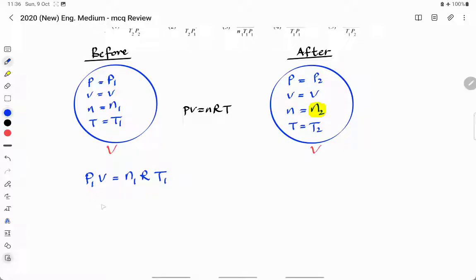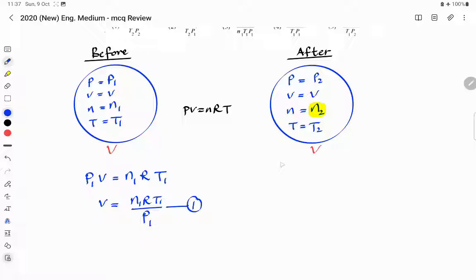Since they haven't given the volume as data, that's what we have introduced into the system, therefore we have to isolate that. So we can eliminate this volume term from the equation. So V equals N1 R T1 over P1. This will be our equation 1.